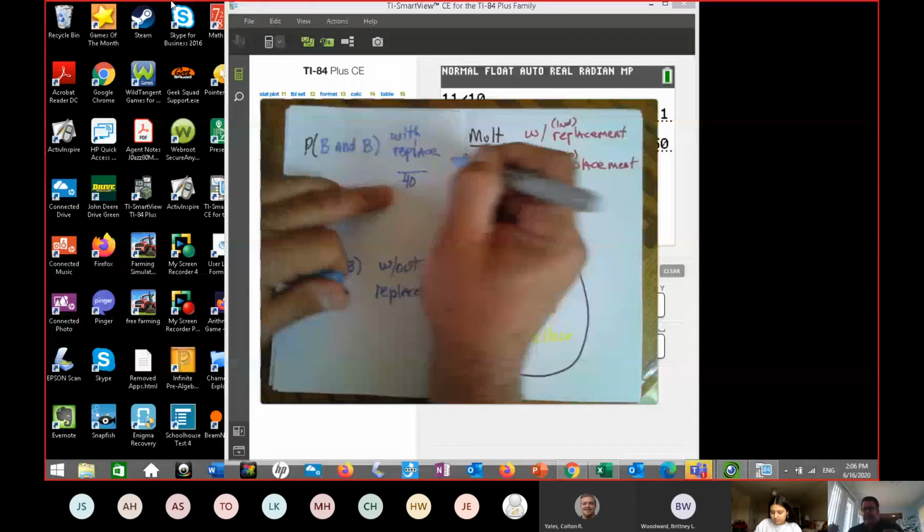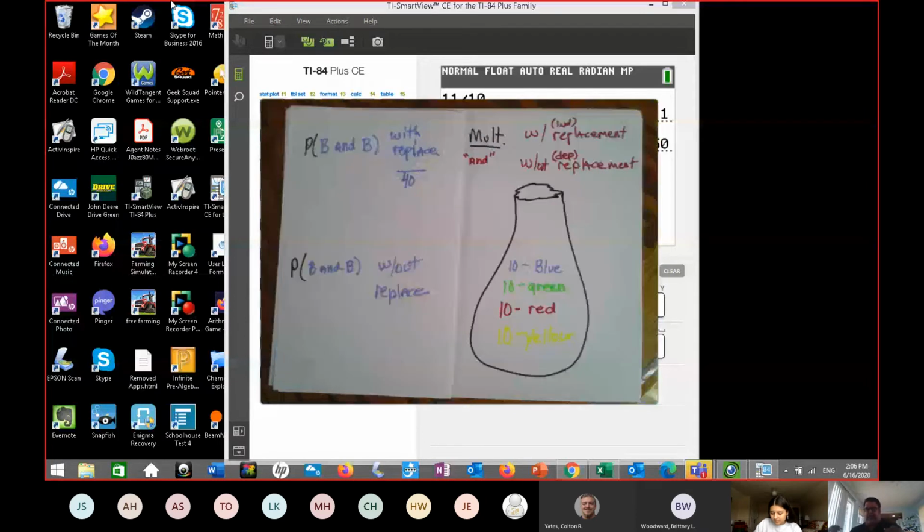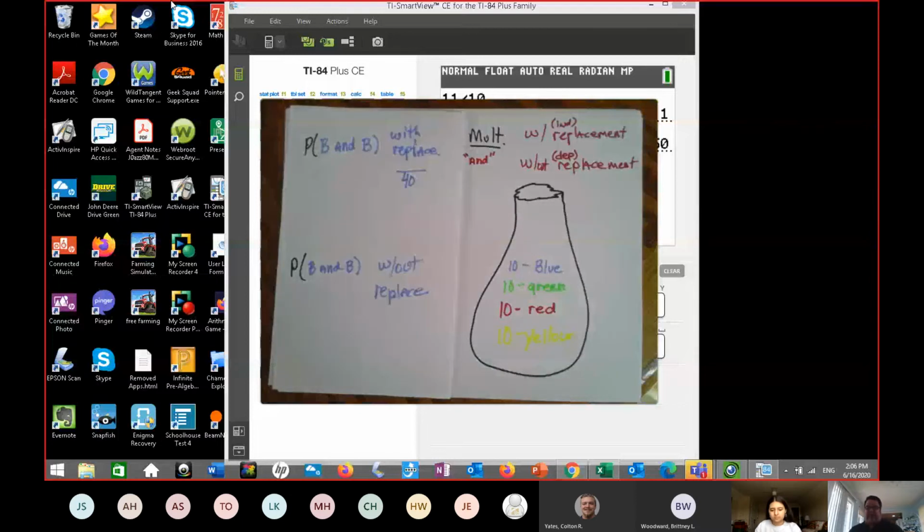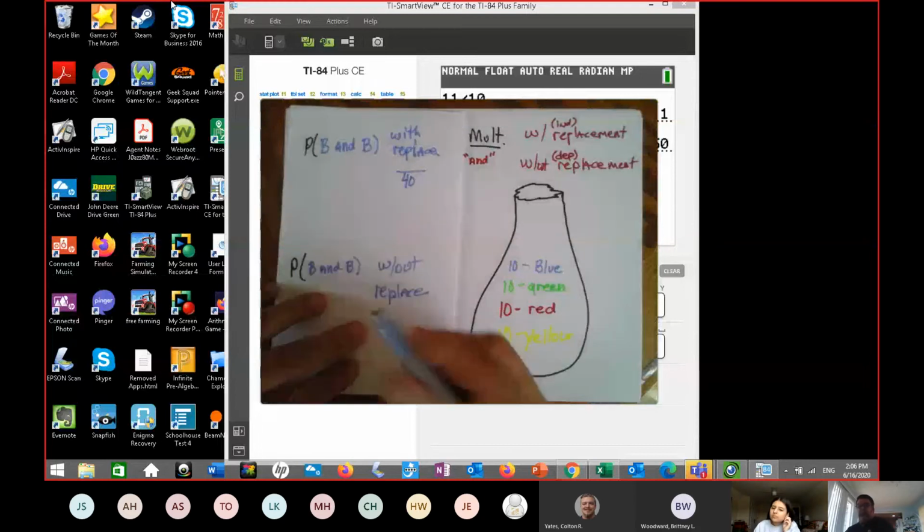So the probability does not change, because that 40 stays the same, because you write it down and you put that marble back in. Without replacement means you put the marble in your pocket, and after you choose the first one, what does the denominator change to?